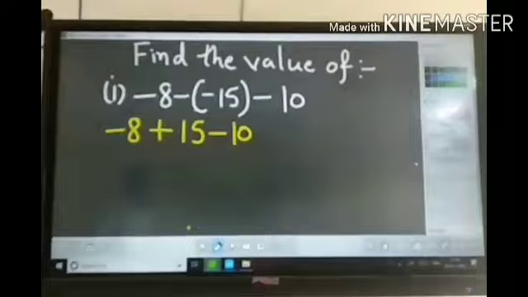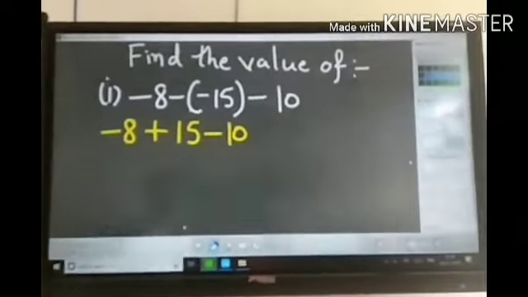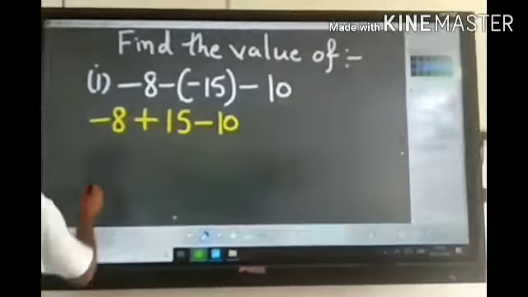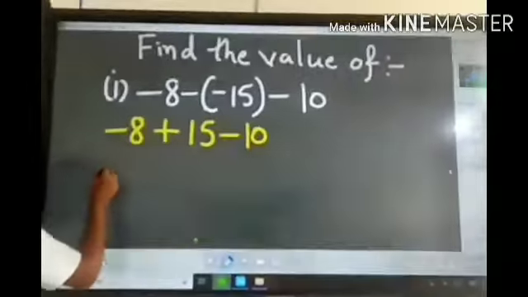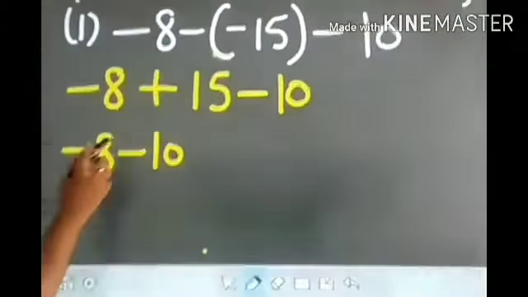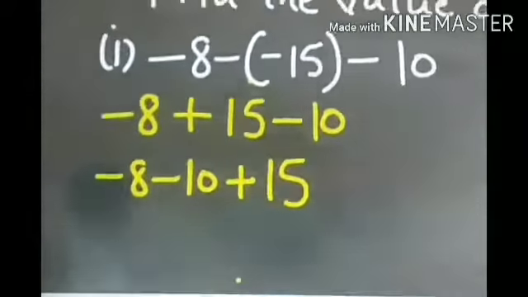Now after completing this step, I will have to manage the like sign integers together. Here this is minus 8 and this is minus 10. I can write them together by which law? Associative law.